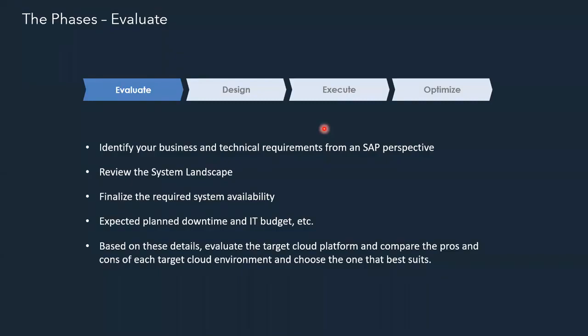So the main reason why enterprises move to the cloud is to address the problems we see related to reducing costs, reducing internal workload, and managing critical assets. Coming to the key phases which come during the SAP migration to the cloud, they are evaluate, design, execute, and optimization.